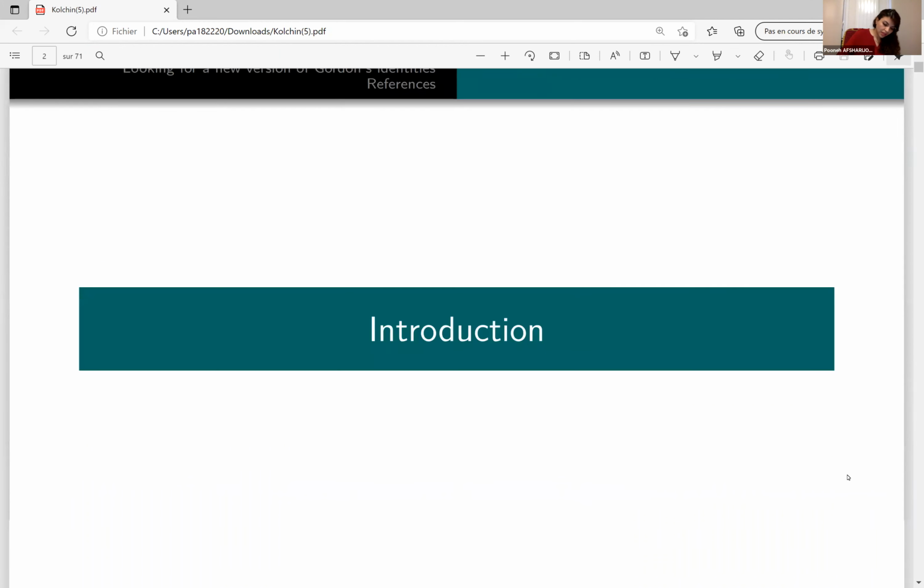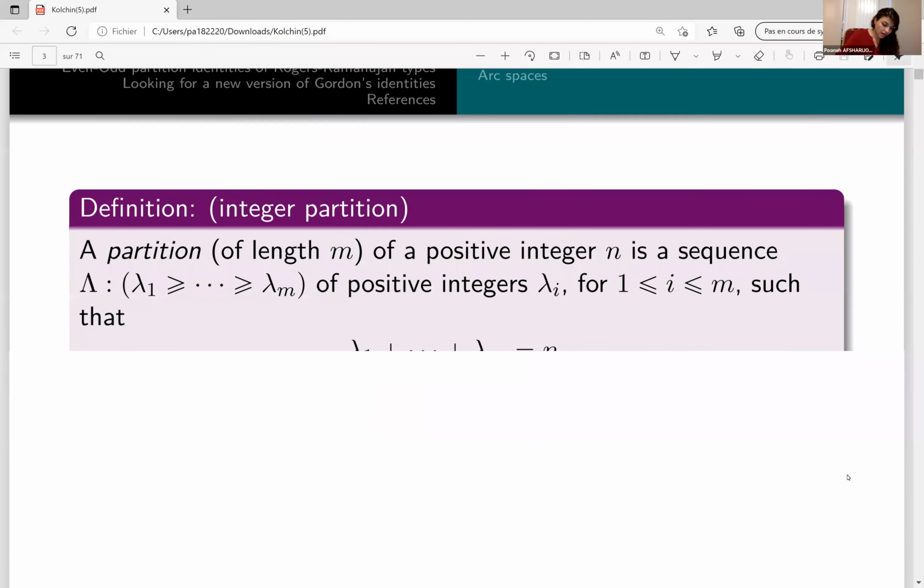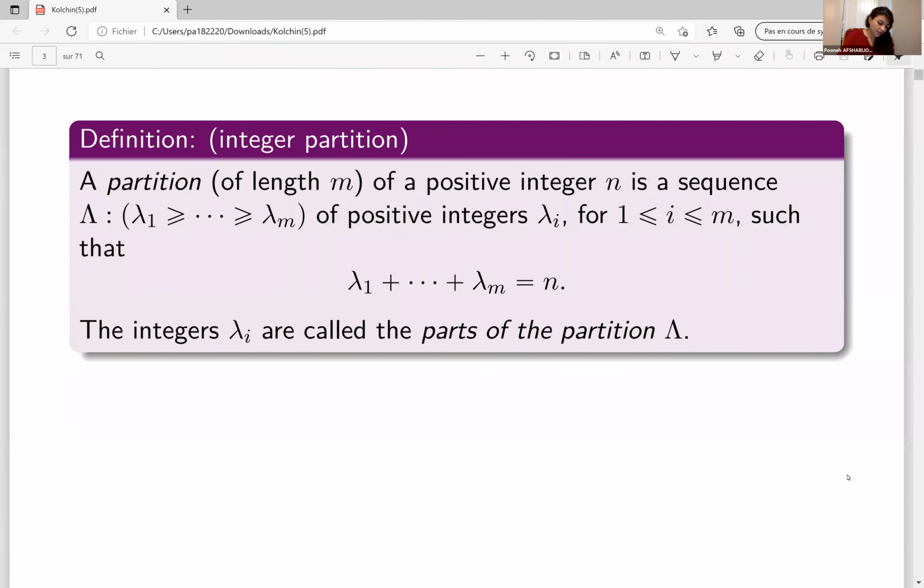I start my talk with the definition of an integer partition of a positive integer n, which is a sequence of decreasing positive integers whose sum is equal to n, and we call them the parts of our partition.